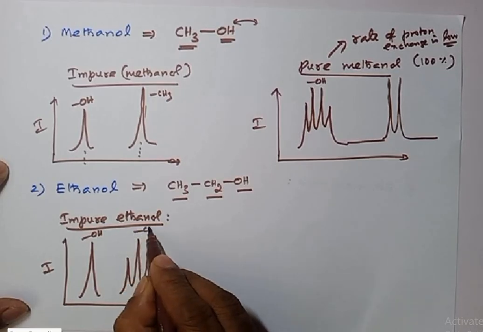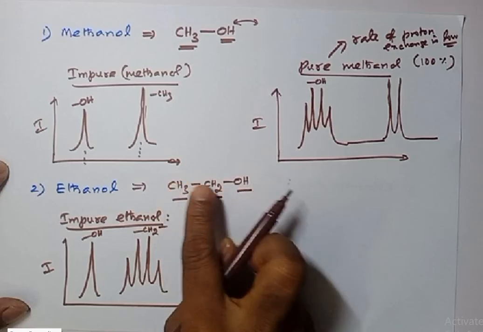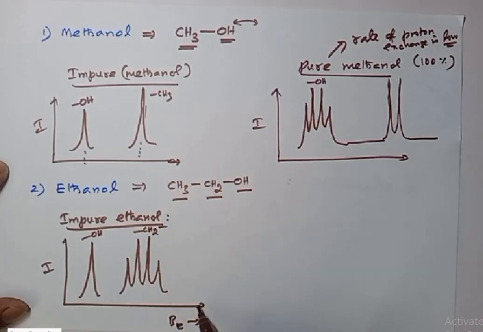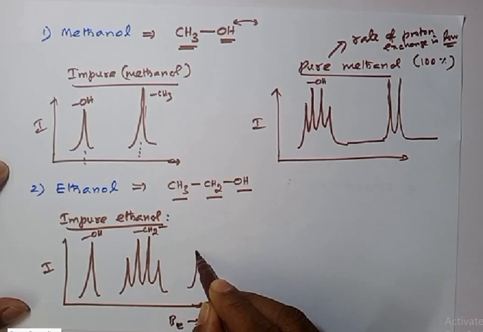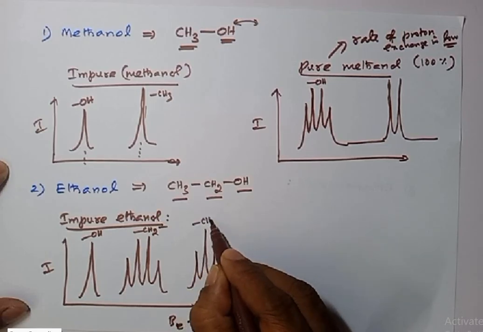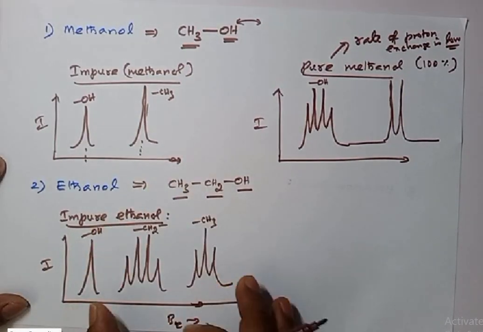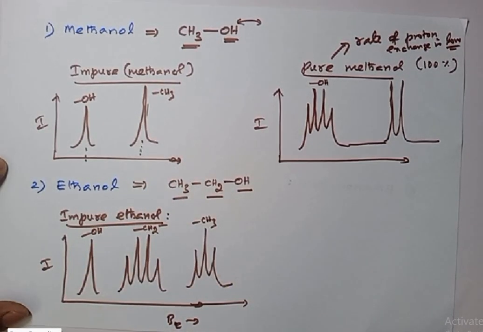And what about methyl? Methyl protons are split by CH2 into a triplet. This is due to the methyl group. So in impure ethanol, this is how we get the NMR spectrum.